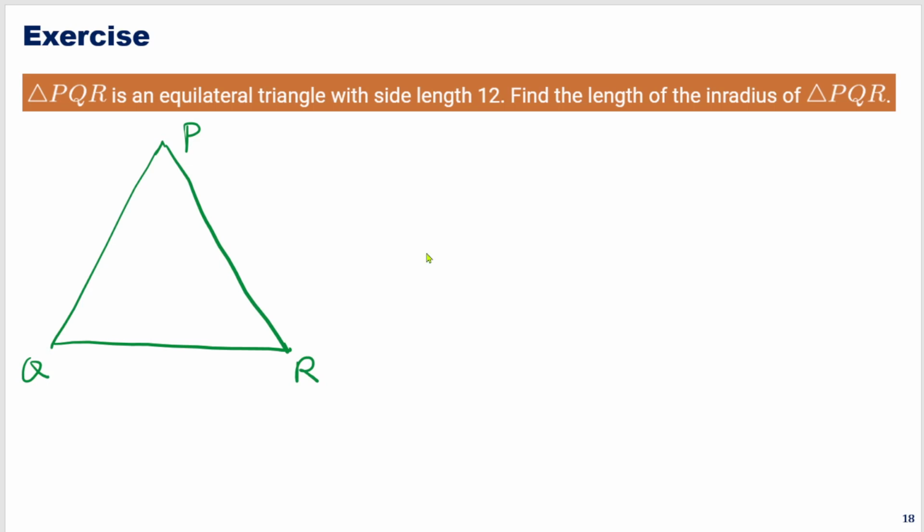Okay, I'll give you 2 minutes to think about this question, and after that, we'll have a look at the solution together, okay? So what is the concept of the incentre? The incentre is the point of intersection of the angle bisectors, right?